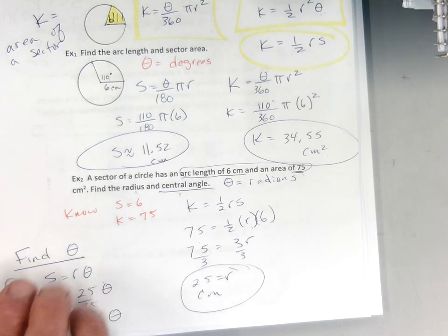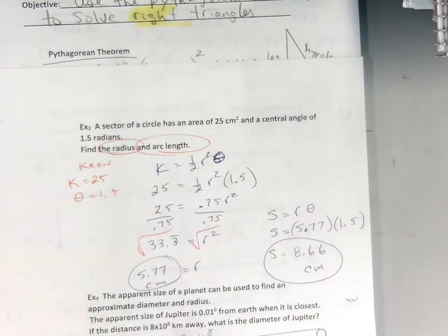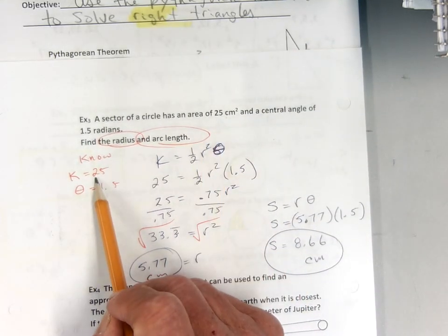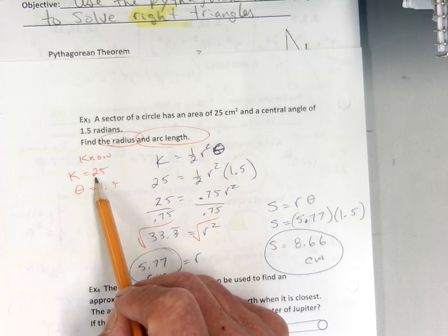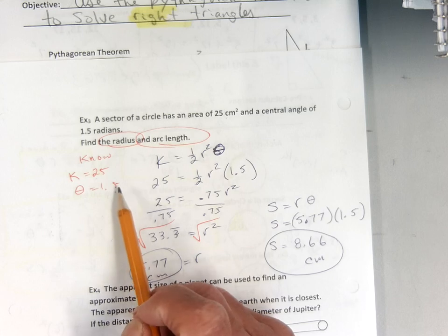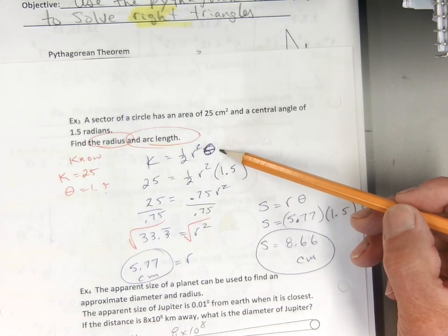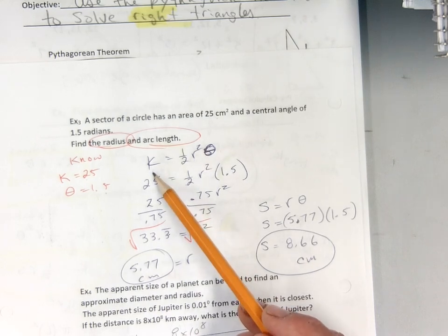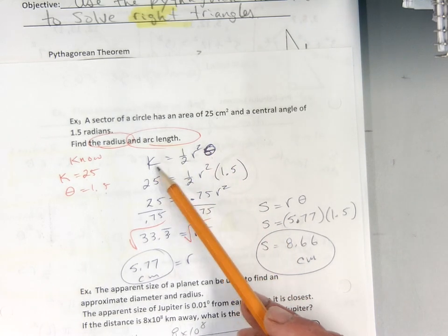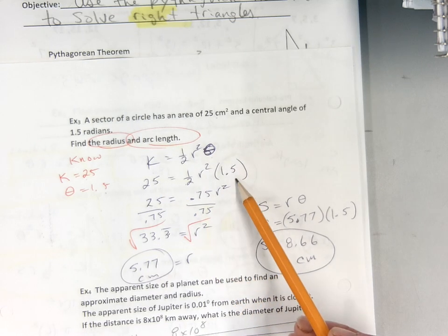I'm just using my formulas. On the back side, number 3, again, this is a little like Jeopardy. I know that K, the area of the sector, is 25, and I have an angle of 1.5 radians. To find the radius I use the area formula, since I know the area and the angle.